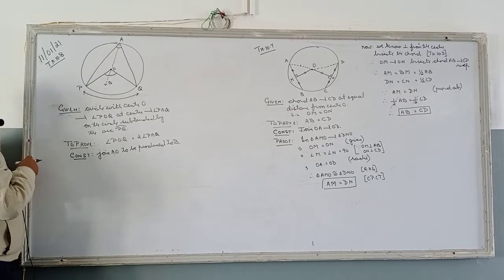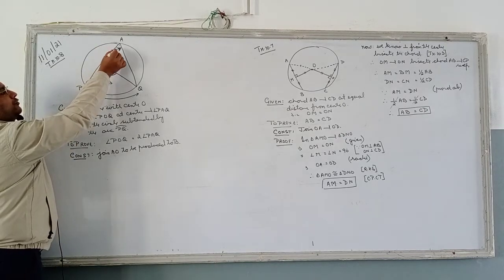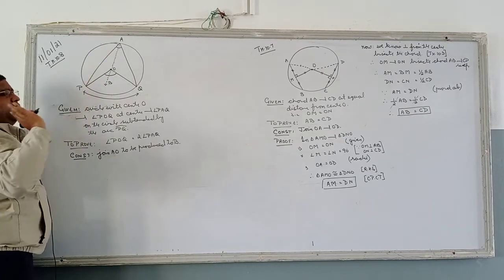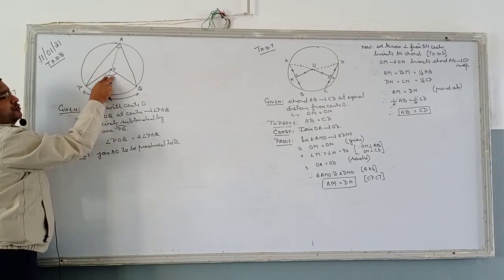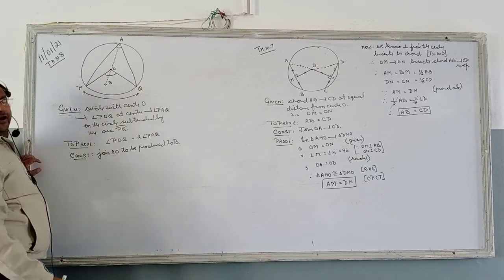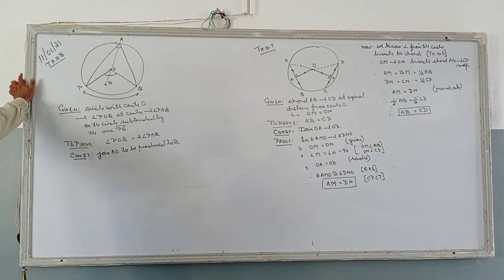I am numbering these angles now. Can you see this angle is divided into two parts? Maybe equal, maybe not equal. We are not worried about it right now. Can you see angle POQ again divided into two parts? So I am naming these angles for our convenience, so that instead of writing PAQ, PAB, we write angle 1, 2, 3, 4.